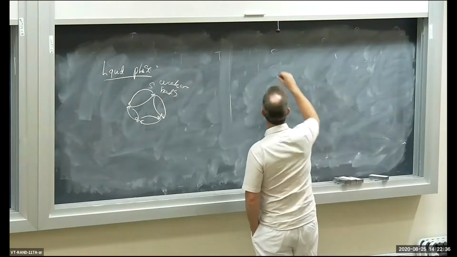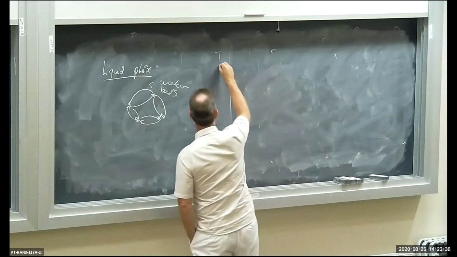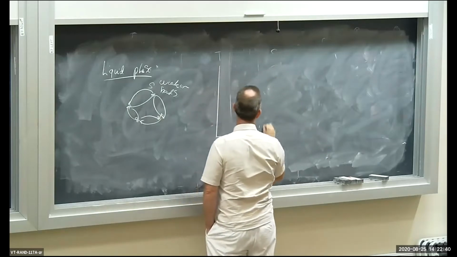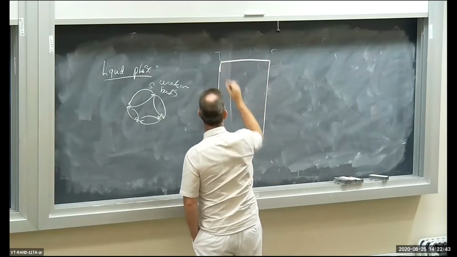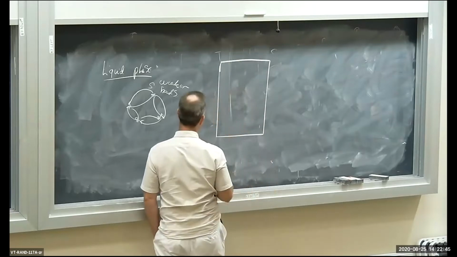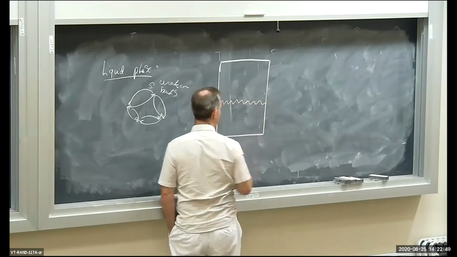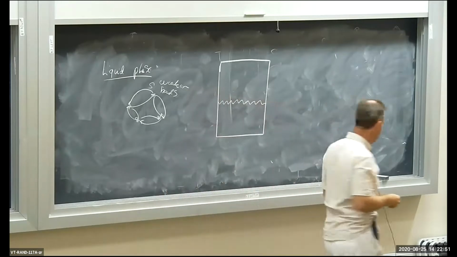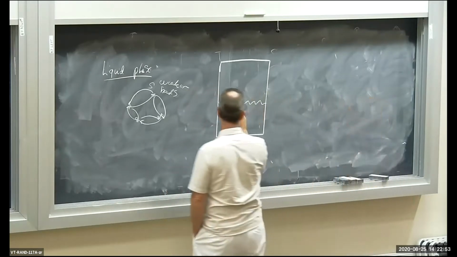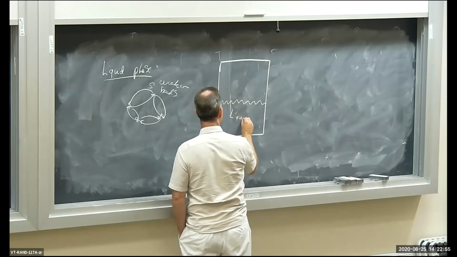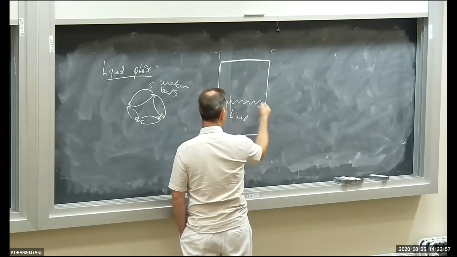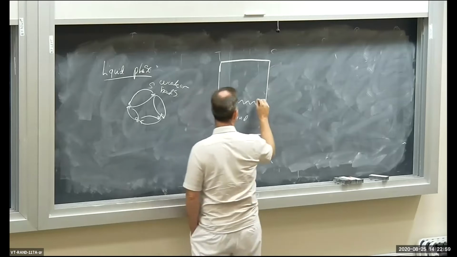So if we have a container, here's a container right here. If you put a liquid in, a liquid material, it conforms to the container and it produces a free surface. So here we have a liquid. It conforms to the container, but it also forms a free surface.